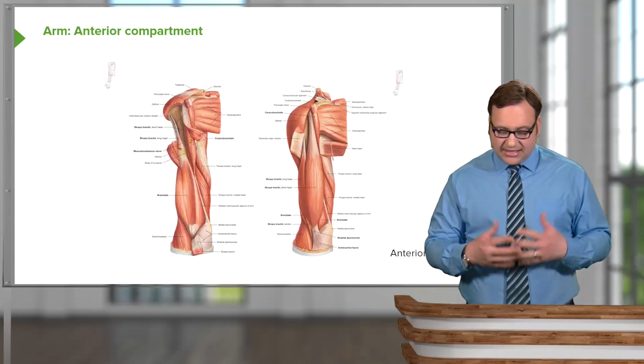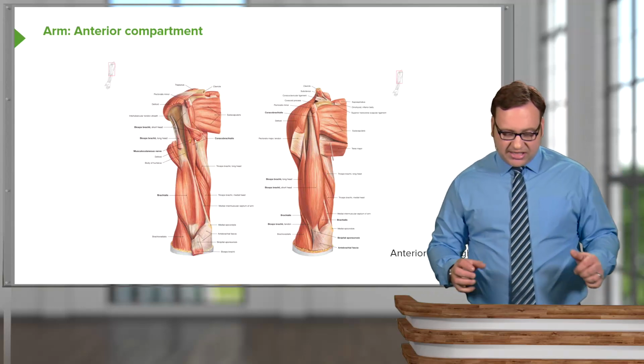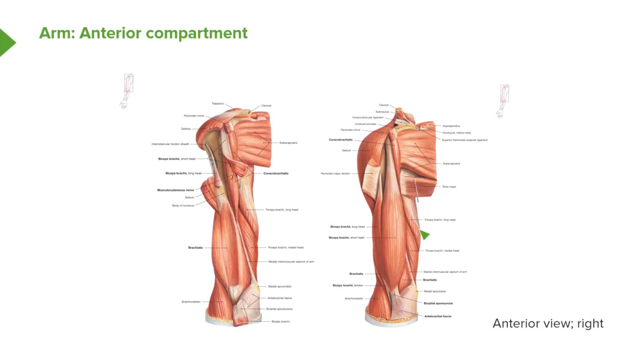So if we look at these in a bit more anatomical position, to see these muscles we actually need to remove deltoid. On the slide at the moment we've got an anterior view of the right arm with deltoid in position. We've also removed deltoid on this picture, and by removing deltoid we can then see the position of the long head of biceps here.